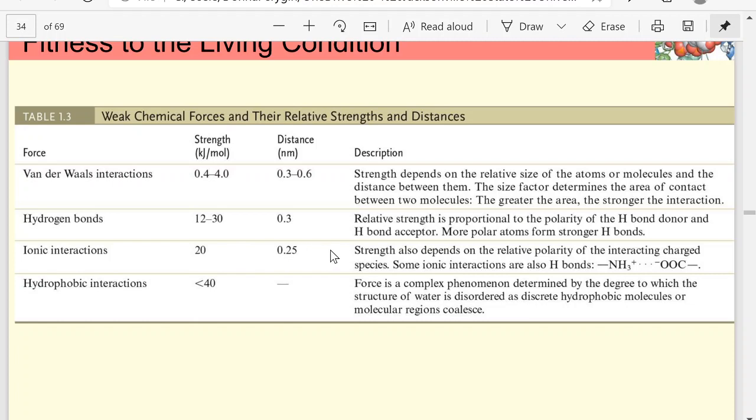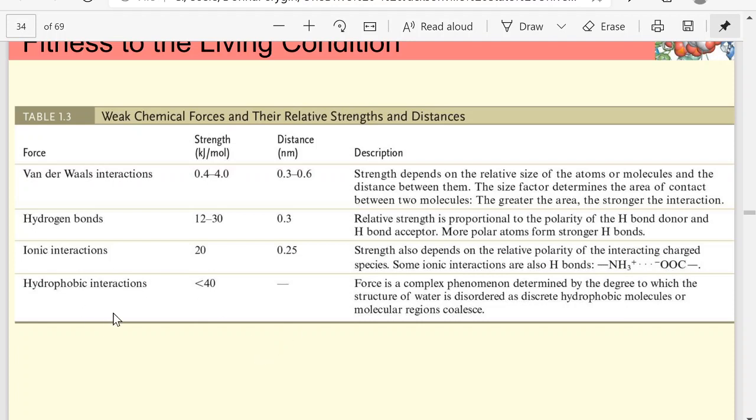And next we have ionic interactions. These are fairly strong because they're fully charged. So we have positive and negative charges holding these together. Now, they're still not covalent bonds, but they're fairly strong interactions, like from an ammonium group and a carboxylate group together.